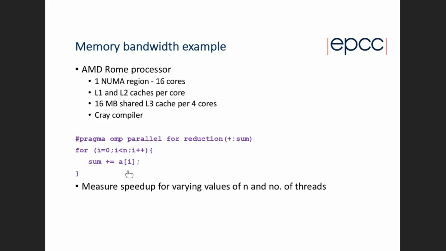Then essentially I varied the value of n, which implicitly sets the size of the array, and measured the speedup that I get for different numbers of threads compared to the equivalent sequential code without the OpenMP directive.